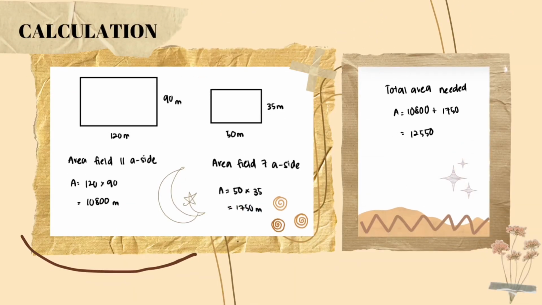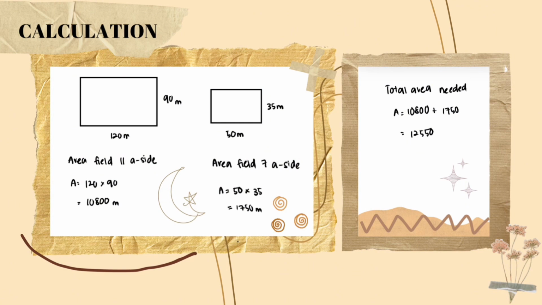Now, I want to present my calculation. At first, I calculate the area for the 11-a-side field. The length is 120 meters and the width is 90 meters. Using the formula of area, which is length multiplied by width, I got the answer 10,800 meters squared.